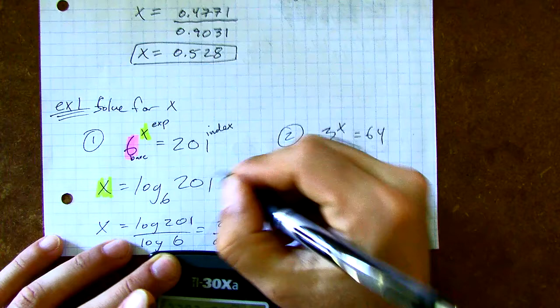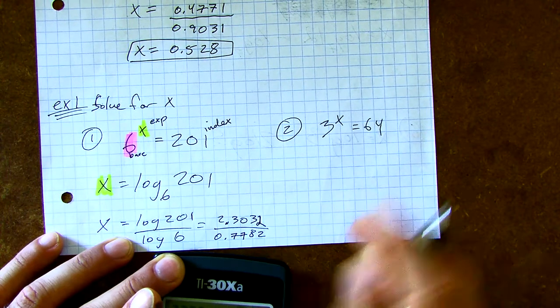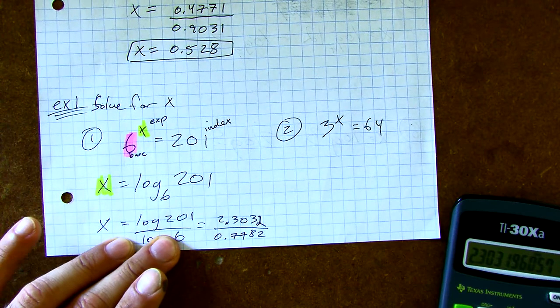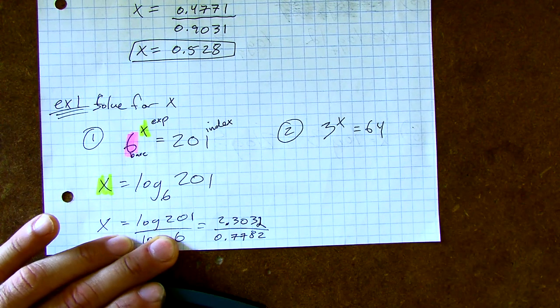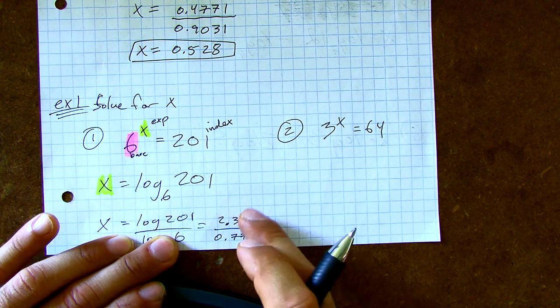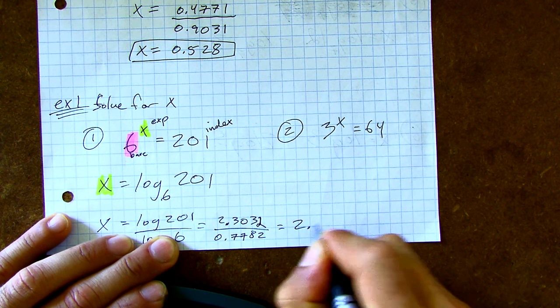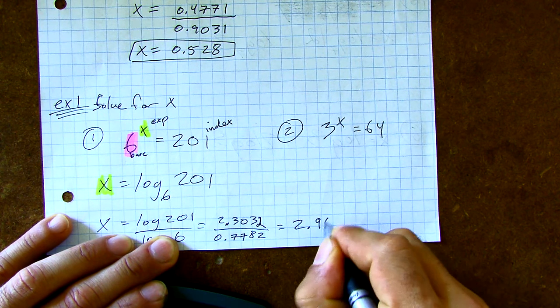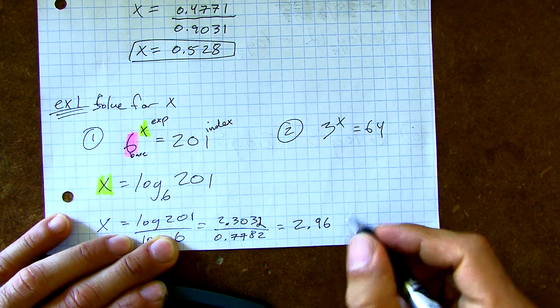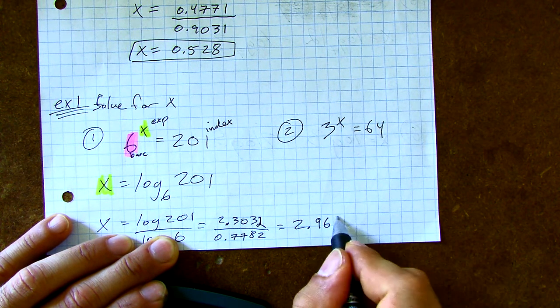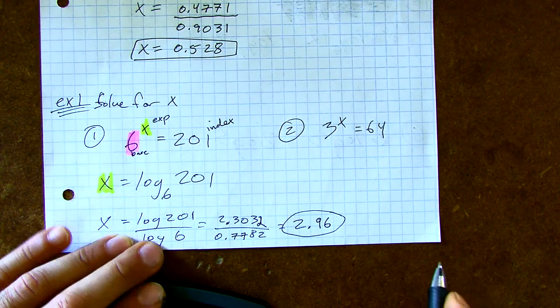Yeah, this should be a 2. So these are numbers we can actually deal with. I put this top one in there again. I divide it by 0.7782, and I get 2.96. Let's just do that because it'll round all forever here.